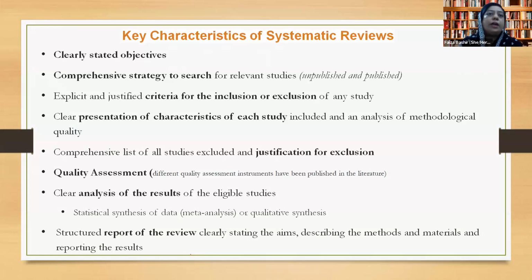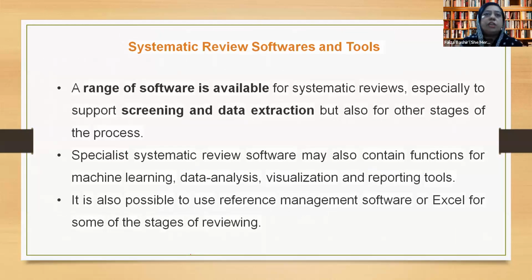It is very important to address the quality of included studies. And after doing all these steps, there is a clear analysis of the results, which might be in the form of meta-analysis, which is statistical synthesis, or qualitative synthesis. And the final step is writing down the report for our systematic literature review.